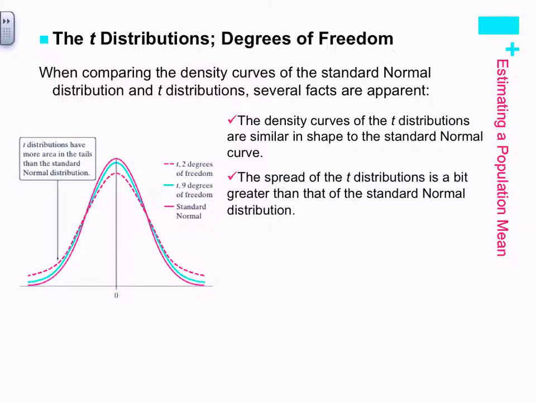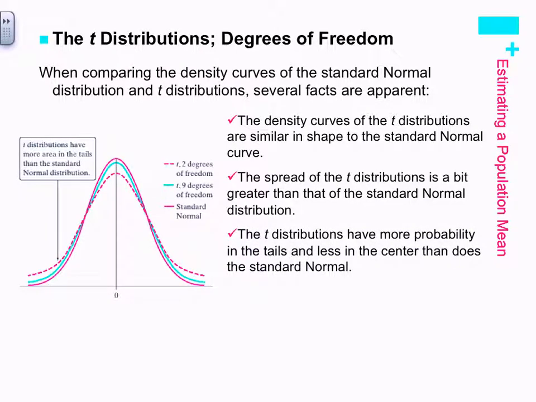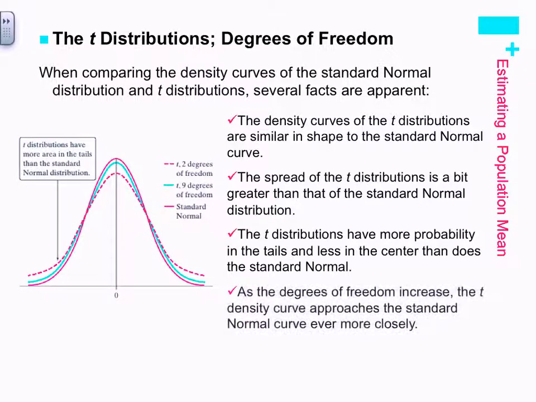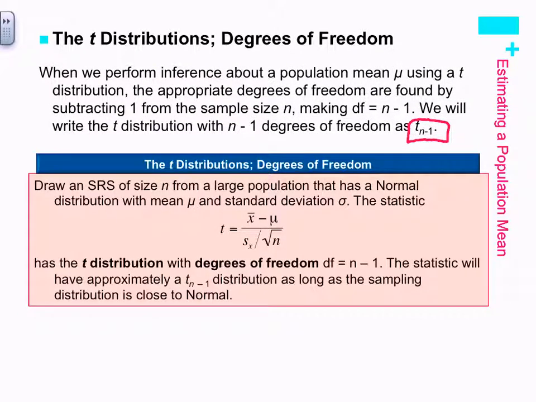So the spread of the t-distributions is a bit greater than that of the standard normal distribution. The t-distributions have more probability in the tails and less in the center than does the standard normal. As the degrees of freedom increase, the t-density curve approaches the standard normal curve ever more closely. And that's it for your first video.